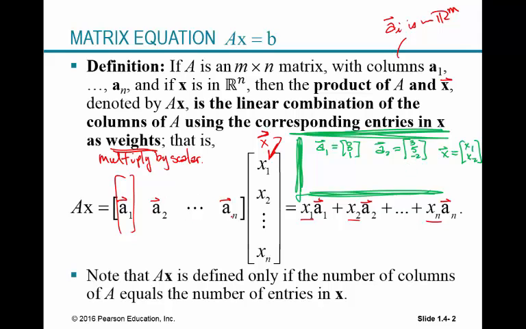And the number of vectors needs to be the same as the number of components you have for X. Okay? And so your matrix A in this case is going to be a 3 by 2, so 0, 0, 1 for the first column, and 3, 5, negative 2 for the second column.